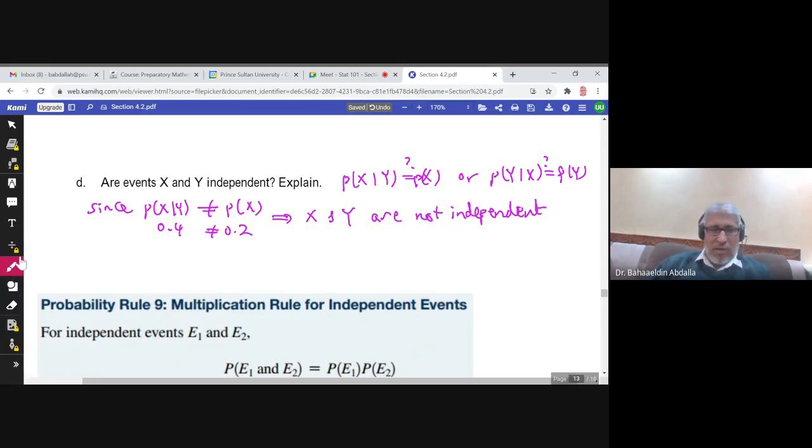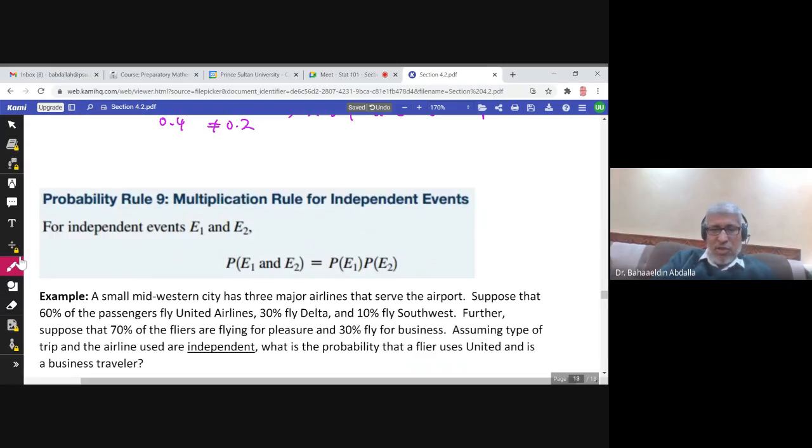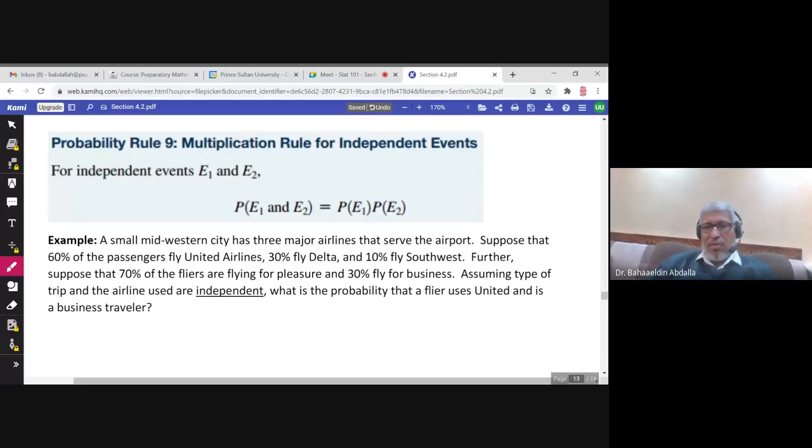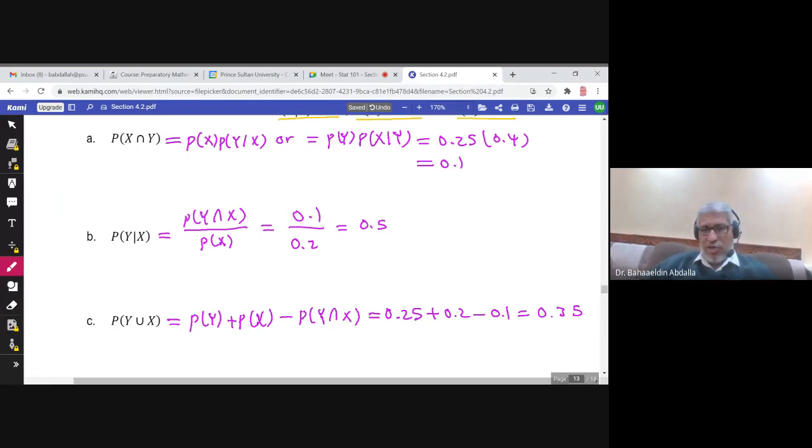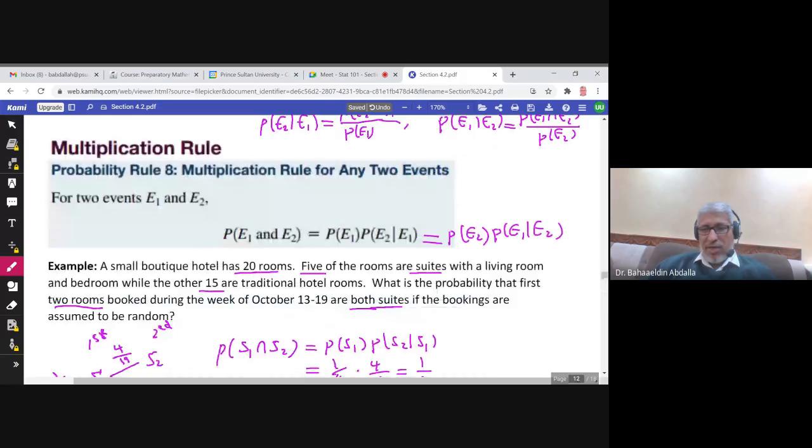Okay. The next rule would be the multiplication rule for independent events. What would happen if we deal with independent events? Will the multiplication rule change? Let us go back and check the multiplication rule. This is the multiplication rule.